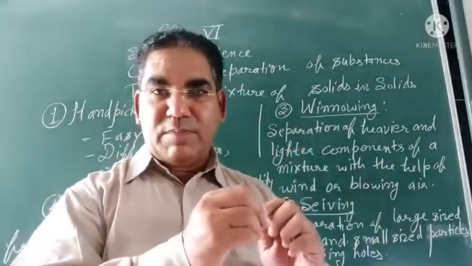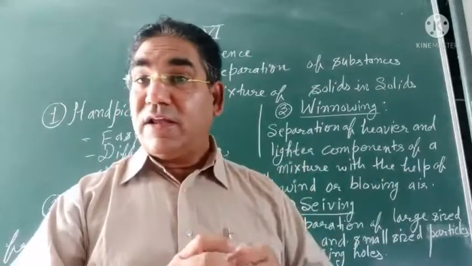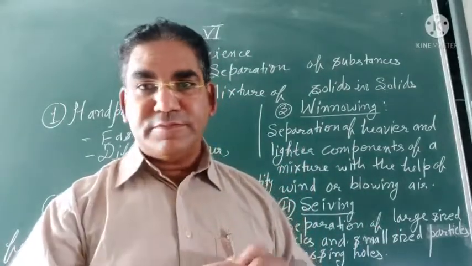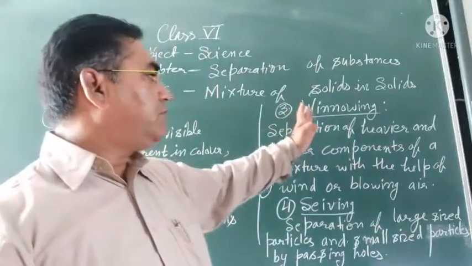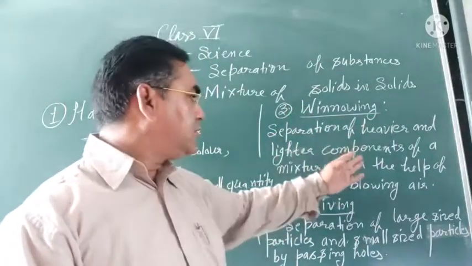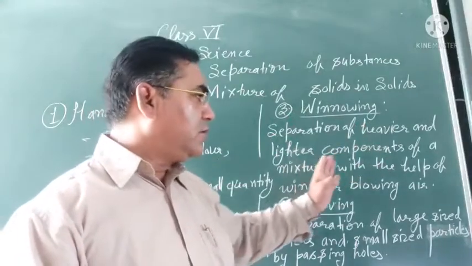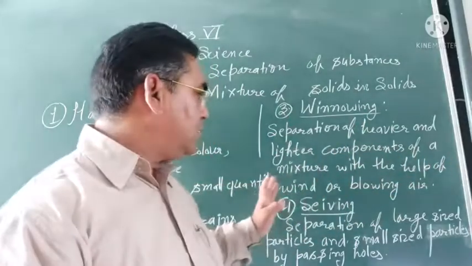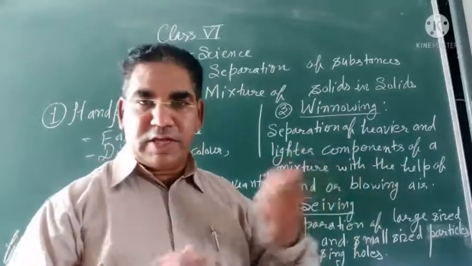Here, heavier particles are food grains, lighter particles are husk. So, what is winnowing? Separation of heavier and lighter components of a mixture with the help of the wind or blowing air.